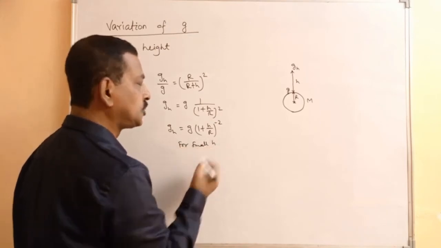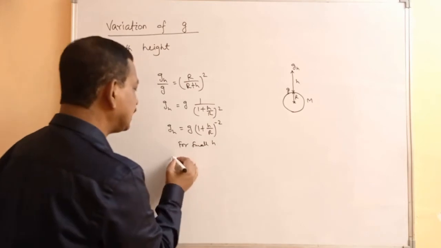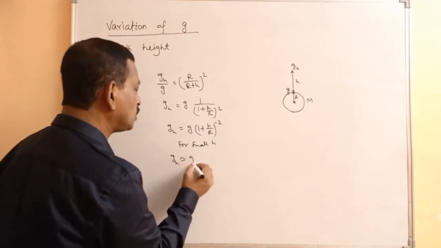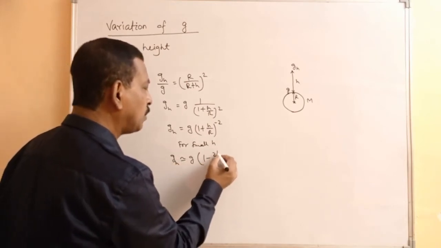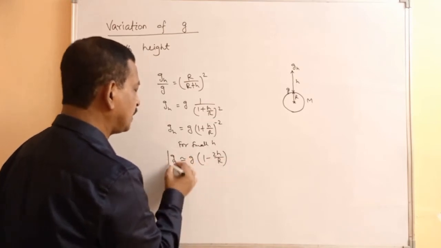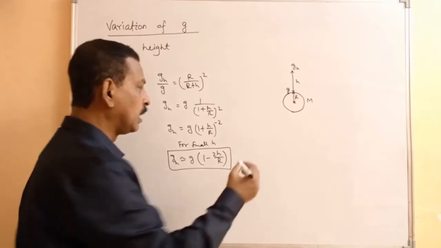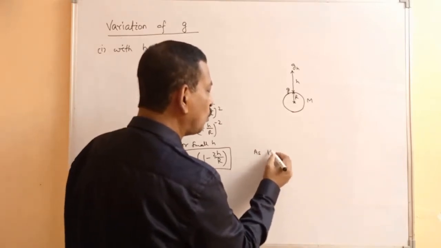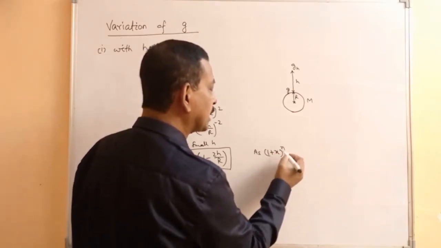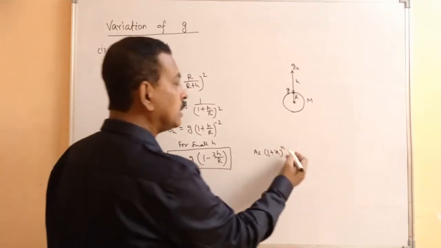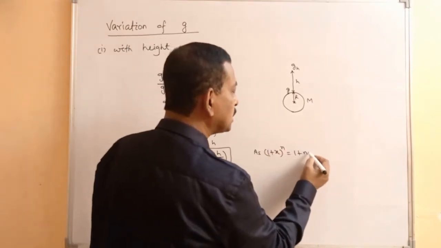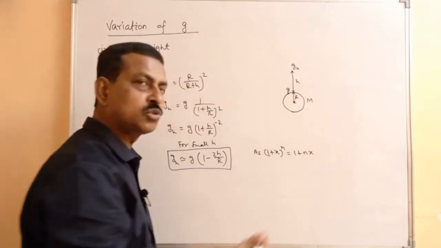Now for a small h, we can take this gh nearly equals g into (1 minus 2h by r). This we get from the binomial expansion. Here we are using the expansion of (1 plus x) power n, which is 1 plus nx plus higher terms of x.